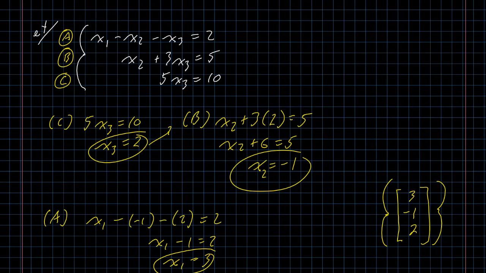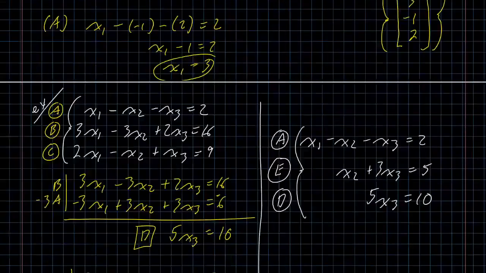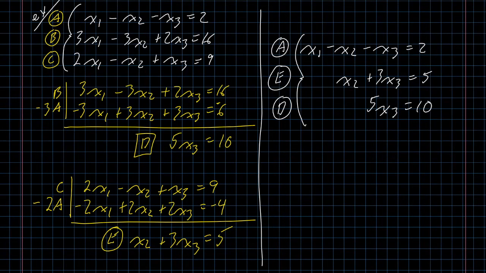So by using this process of taking one equation in my system and adding or subtracting a multiple of a different equation in the system, I create a new equation. And if I replace those two equations that I added or subtracted to with the new equations, I get a new system.